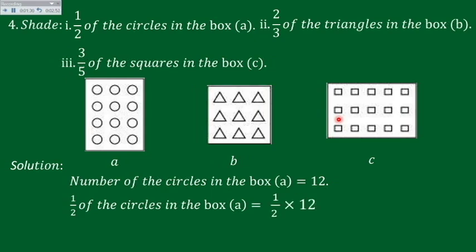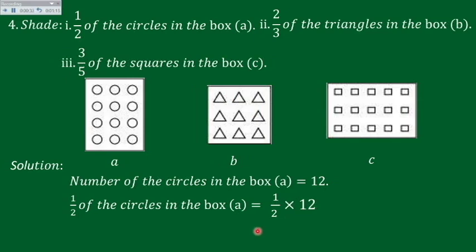See, you will get here 6. So 6 circles you will shade. Now similarly, B part and C part you have to do by yourselves. Okay, I already told you how to do this. Here you write 2 upon 3 and here write total number of triangles. So here you will write 9. Then reduce it to the lowest form and you will get your answers. Okay.